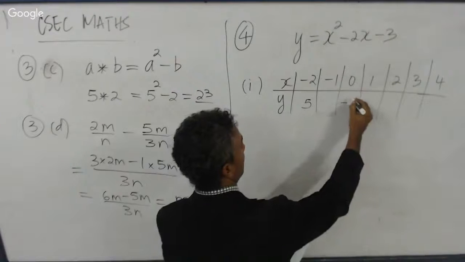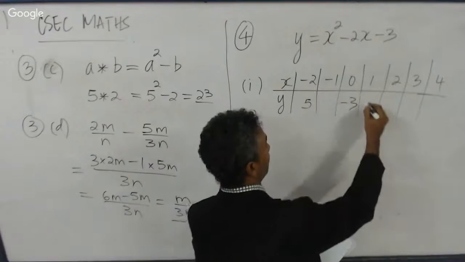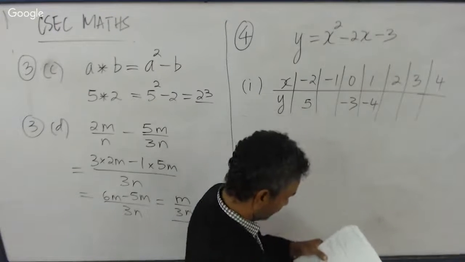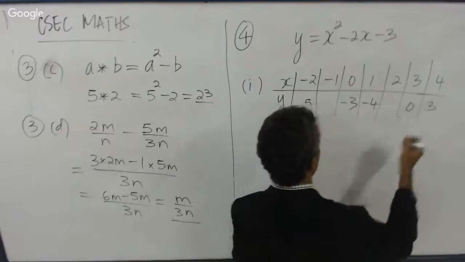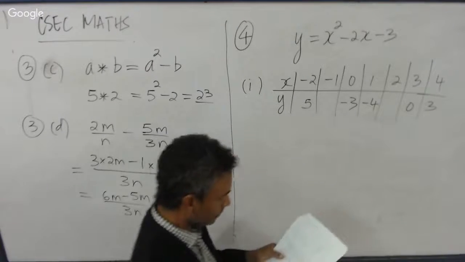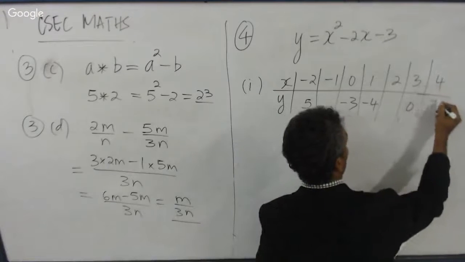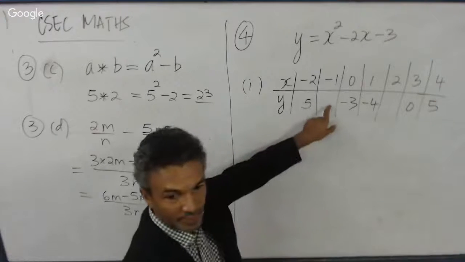0, -3, 1, -4, 3, 0, 4, 3. So just 2, 4 is fine. It's just 2 unknowns, 2 values in it.